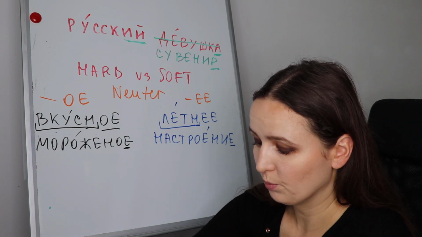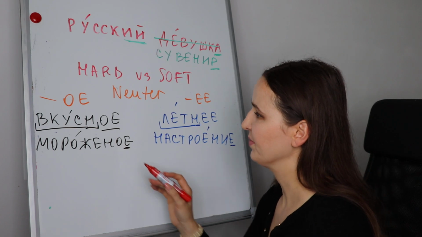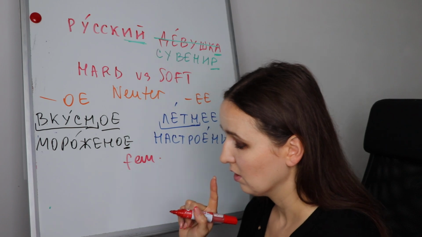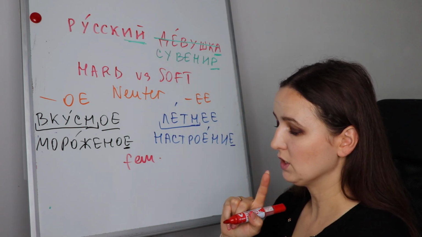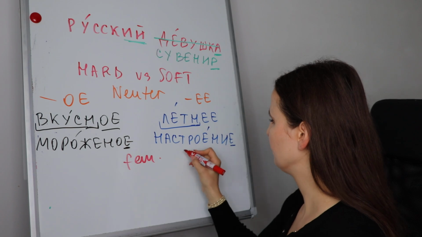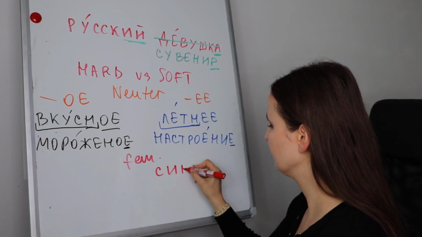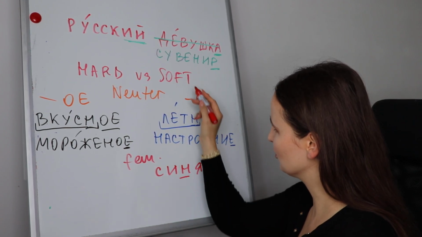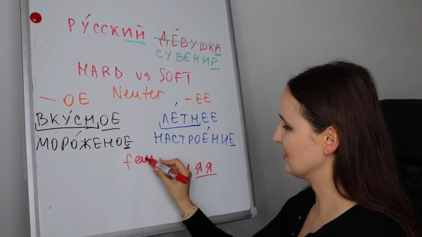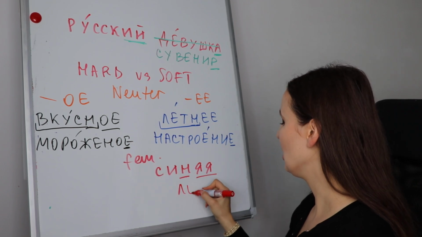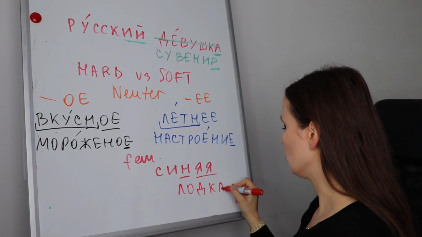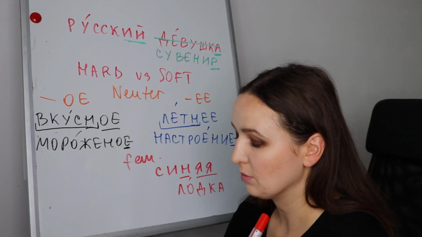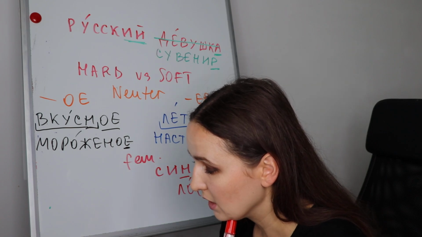Let's learn by comparing. Feminine. Blue boat. Синяя, синь. Again, N is soft. And яя is the ending for feminine. Синяя лодка. Blue boat. And in masculine, let's pick something.